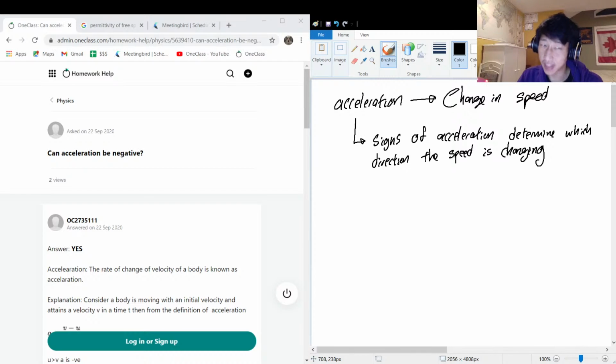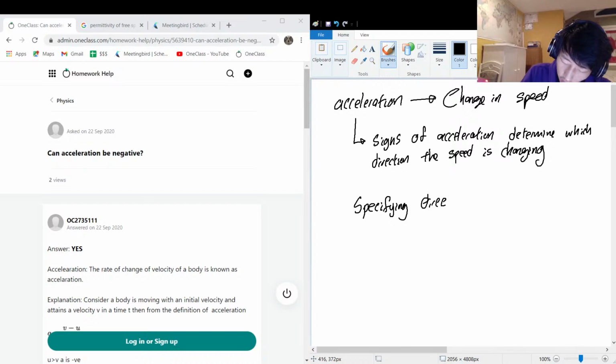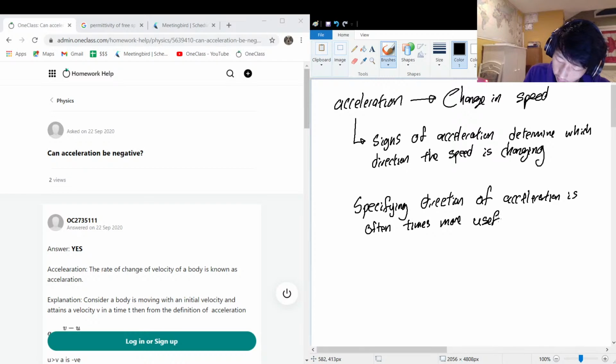So depending on the context, the sign of acceleration is going to become less useful. You're going to want to have the direction specified. Specifying the direction of acceleration is oftentimes more useful than just plus or minus, especially in higher dimensions.